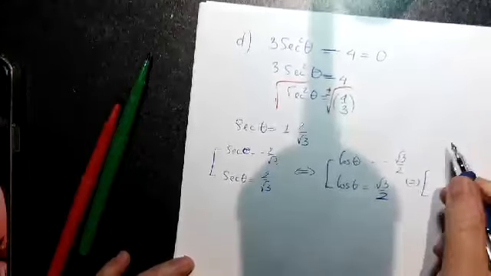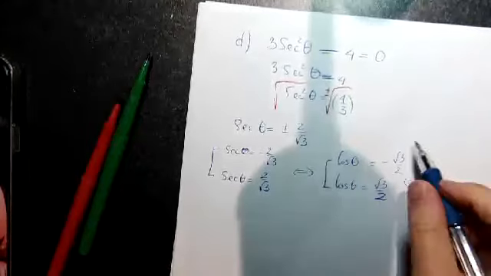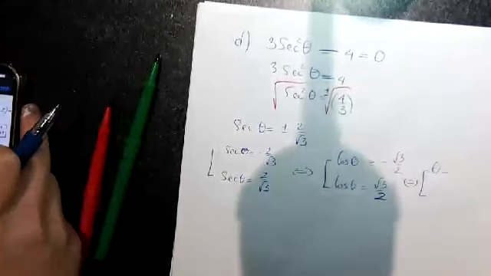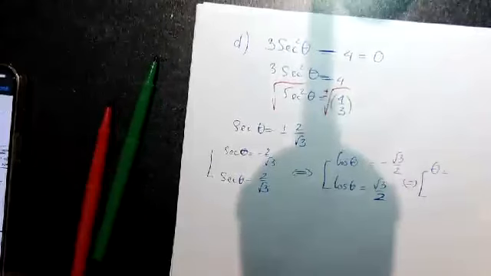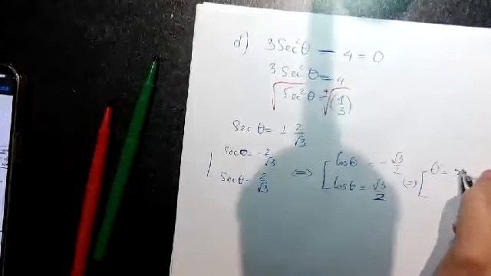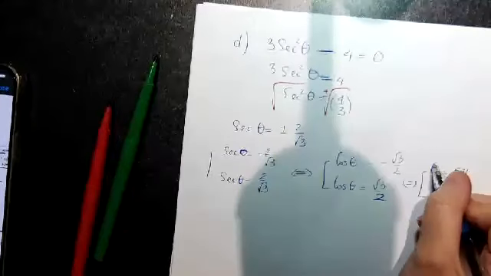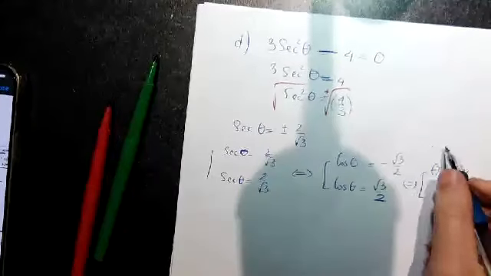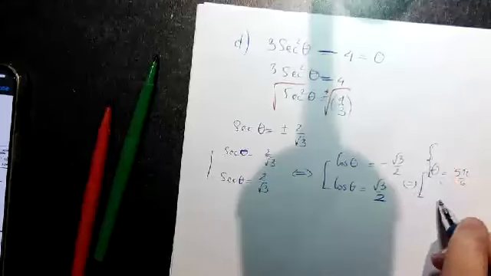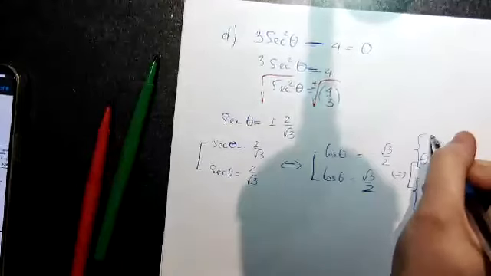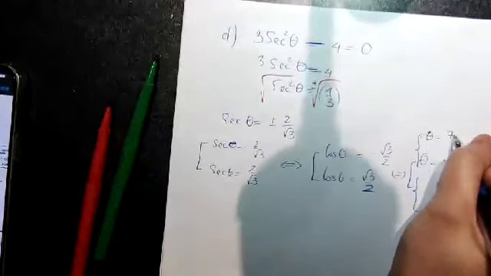You see at what angle theta cosine is negative root 3 over 2. I see 5 pi over 6. Is that right? One of them is 5 pi over 6, the other one is 7 pi over 6, right?